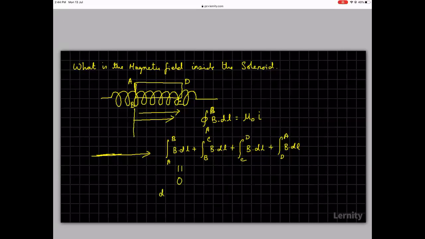This is 0 because dl is perpendicular to B. Same logic, even this is equal to 0 because dl is perpendicular to B. Now this is equal to 0 because it is assumed that there is no magnetic field outside the solenoid.